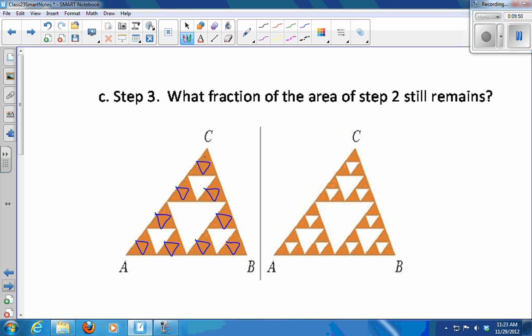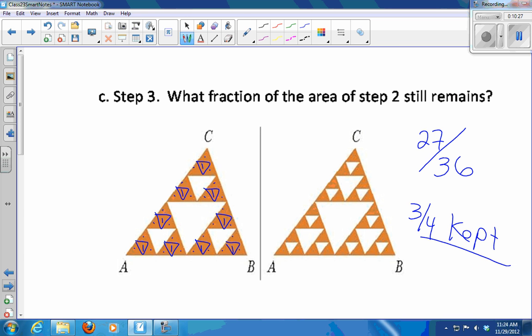And then I'm going to keep 27 of them, and there were a total of 36. I kept 27 of the 36 little triangles, and what does that fraction reduce to? 3/4.